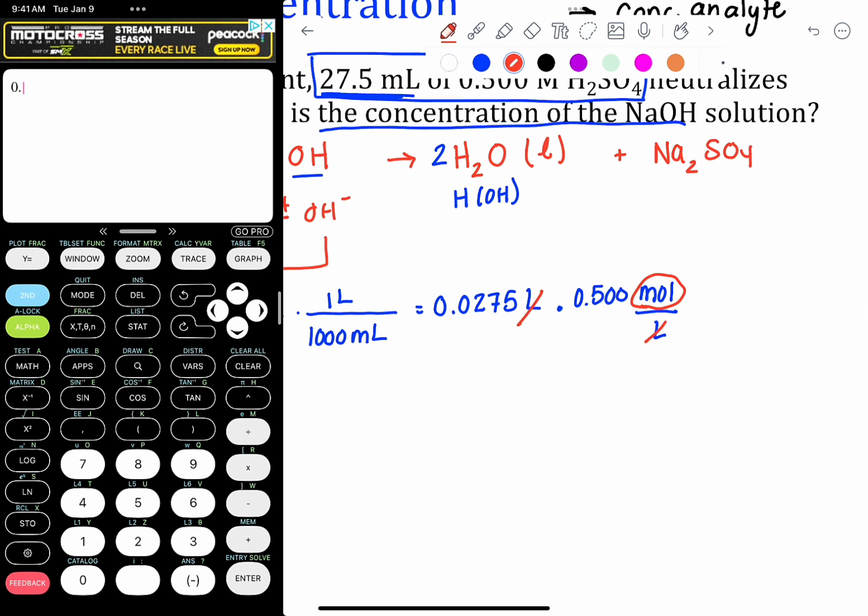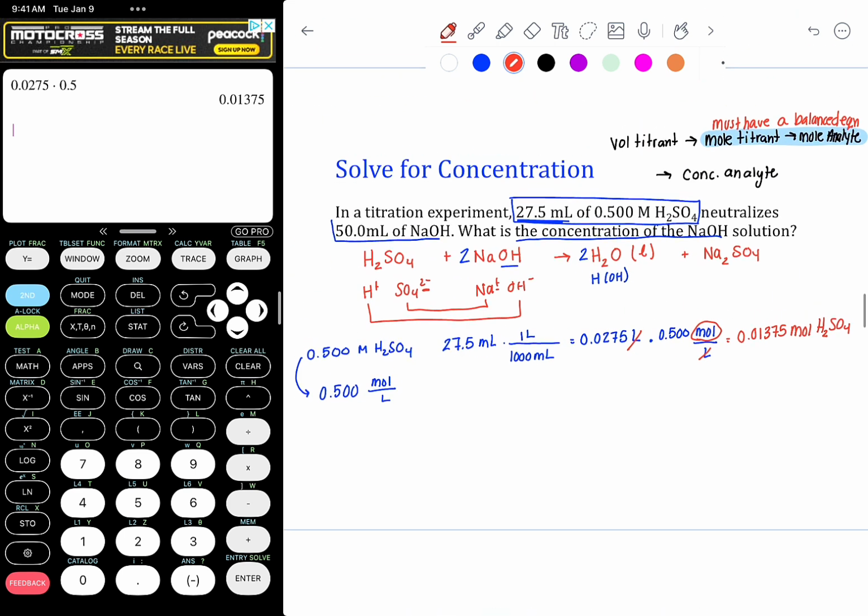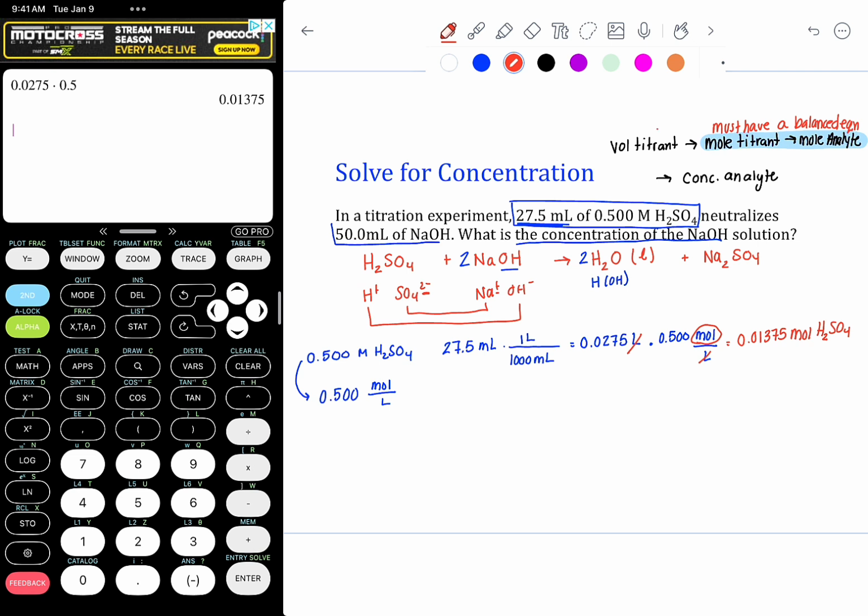We'll take 0.0275 and we'll multiply it by 0.5. And we get 0.01375 moles of H2SO4. So that's our moles of our titrant. So we started with our volume and we got to moles of titrant.